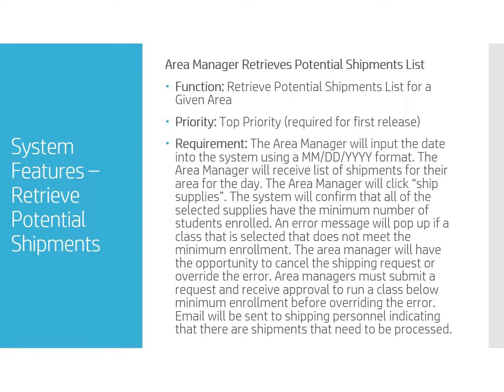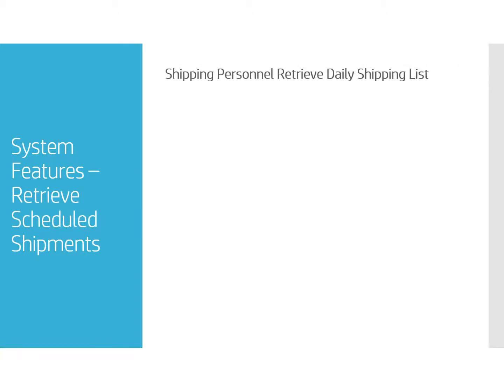When the area manager retrieves the list, they will select any shipments they do not want to ship. After they have completed this, an automated email will be sent to shipping personnel letting them know shipments have been scheduled. The shipping personnel will retrieve a daily scheduled shipments list.